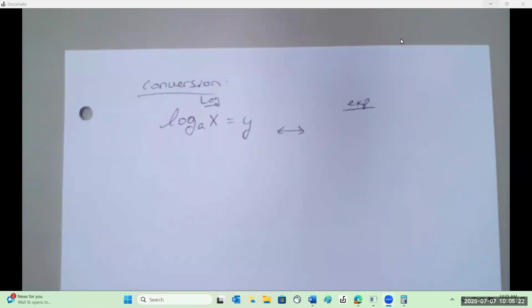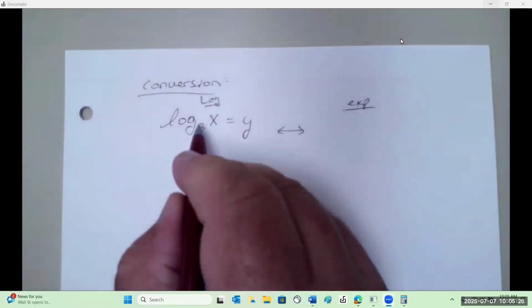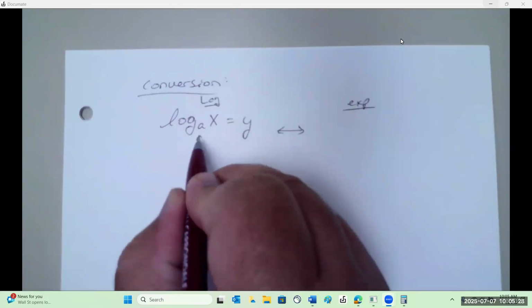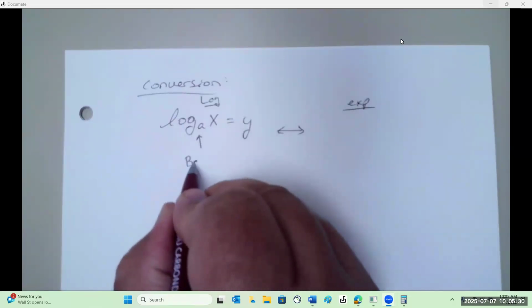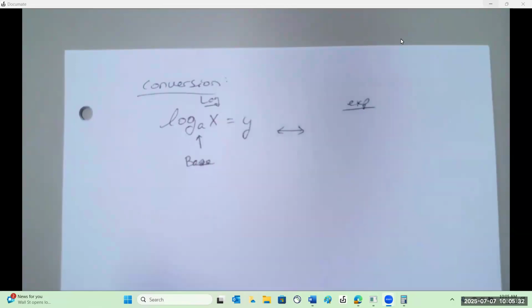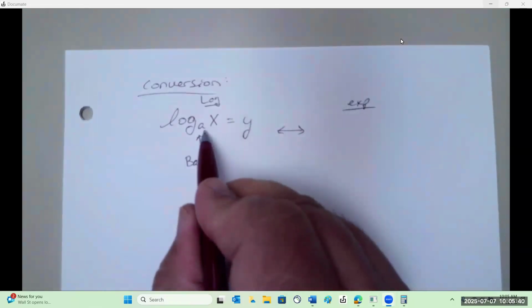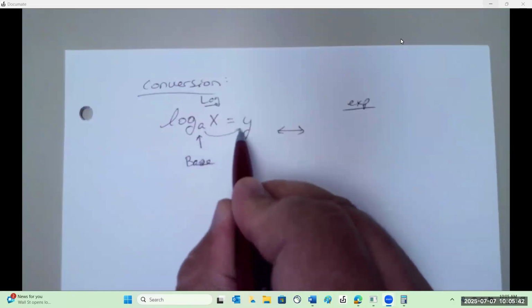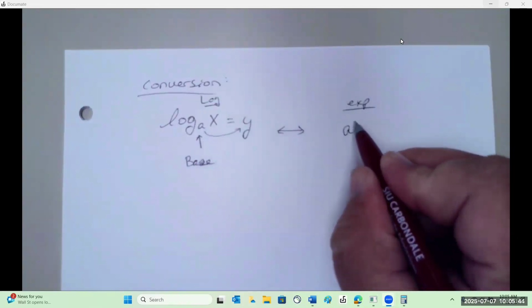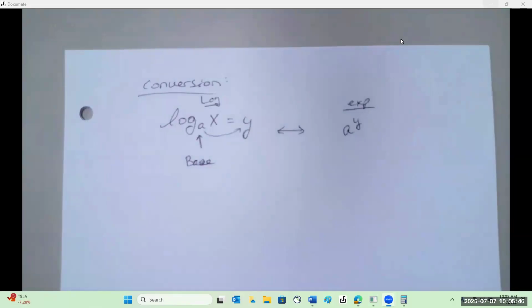The way you convert these, in a logarithmic, this number here is called the base. The base has to remain the same. So in order to convert these, I take the base and move it to the other side. It has to remain the base. So the y becomes the exponent.